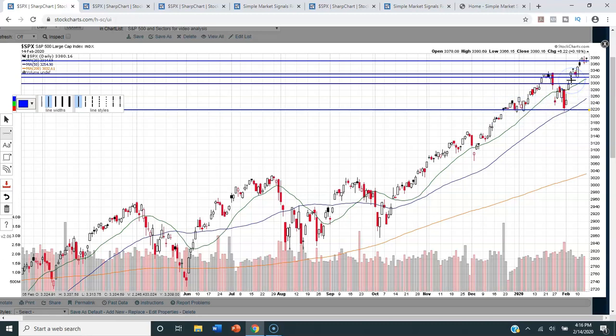As a matter of fact, a couple of weeks ago, when the fears of the coronavirus first came out, you can see where the market corrected right down and kind of kissed this 3220 area, but never closed below it. We have not closed below this 3220 area since about the middle of December. So that is a key support area for right now.